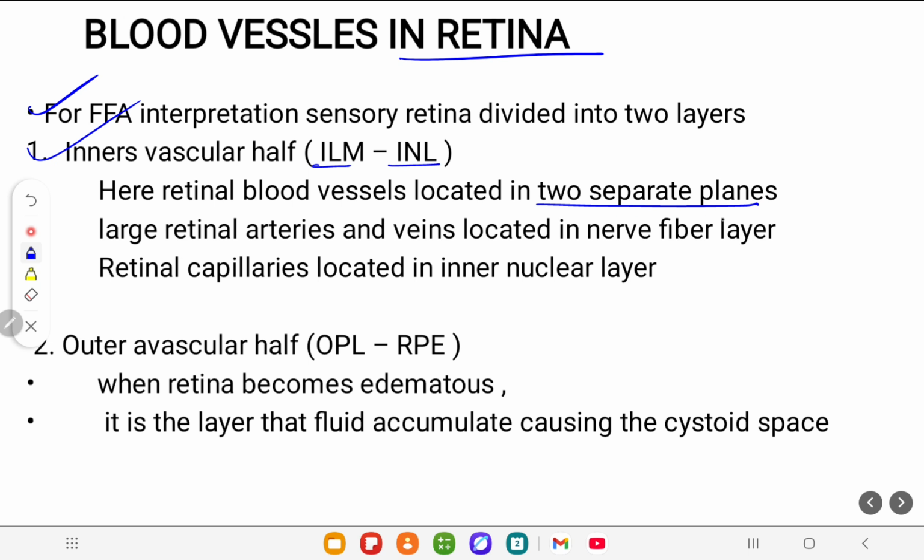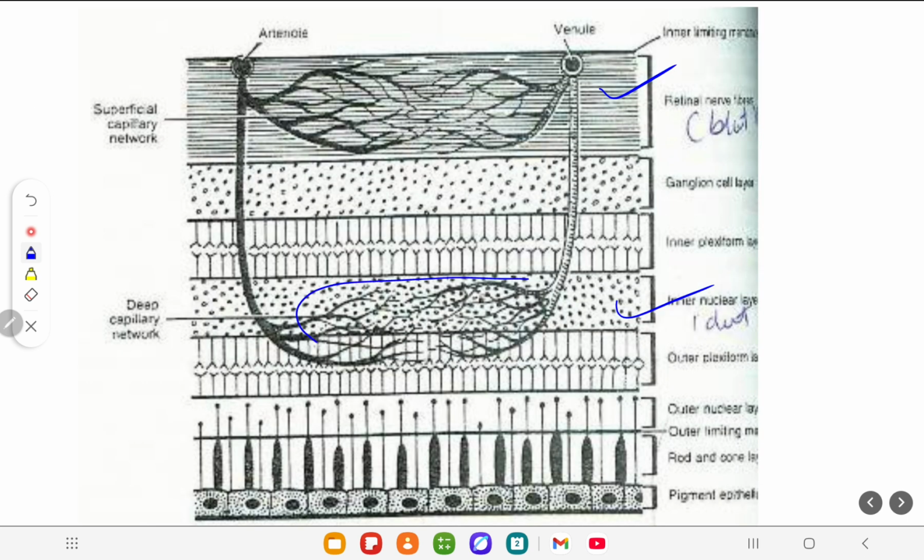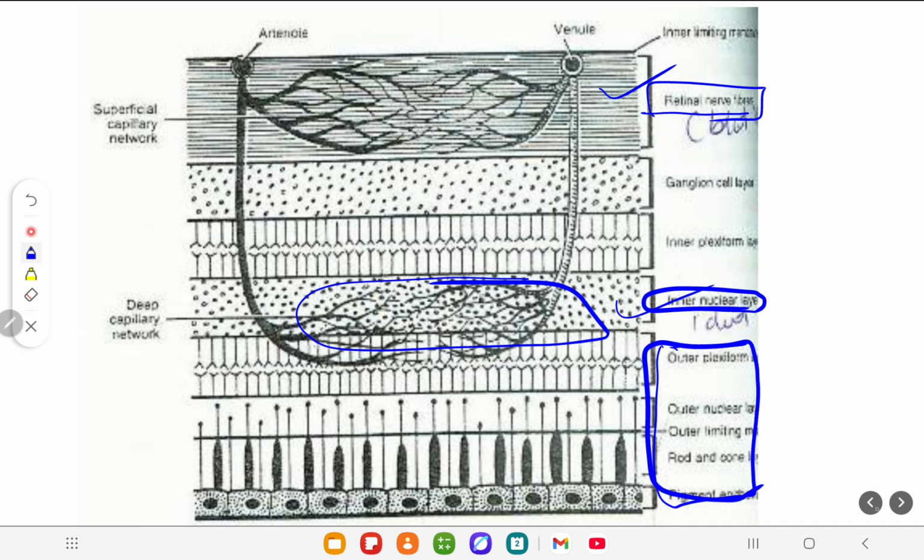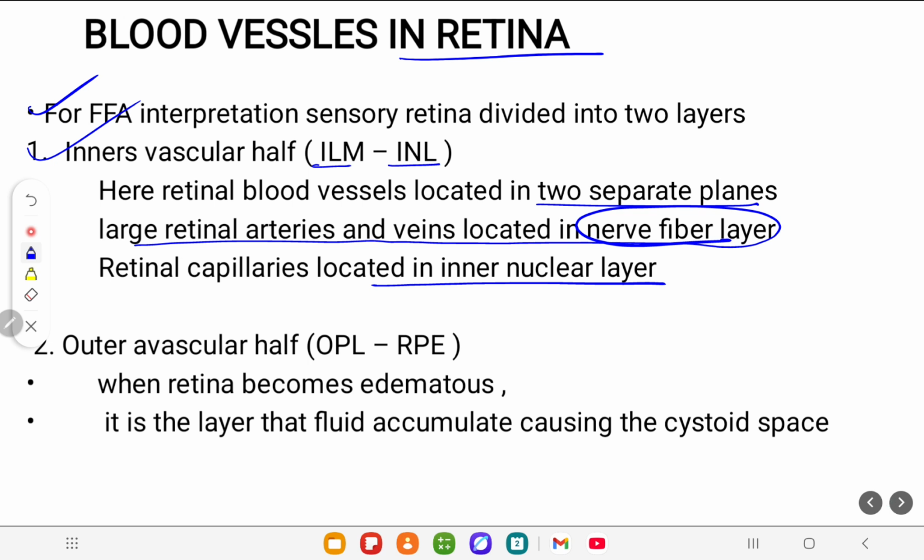One is in the nerve fiber layer, another is in the inner nuclear layer, isn't it? The larger retinal arteries and veins are located in the nerve fiber layer, and the retinal capillaries are located in the inner nuclear layer. Then from the outer plexiform layer to the retinal pigment epithelium there are avascular zones where fluid accumulates if the retina becomes edematous.